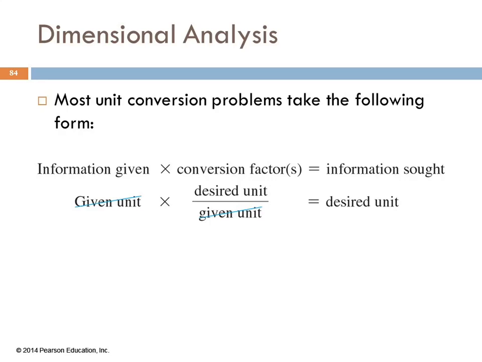I don't think I have an example right here. I should. We'll make one up. So let's say that the paper is 11.5 inches long, and we want to know how many centimeters that is.